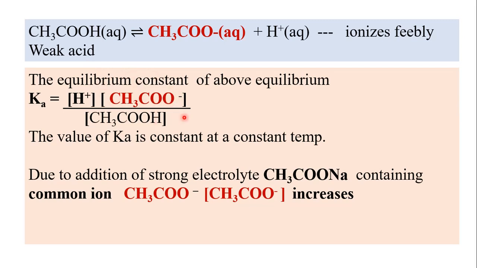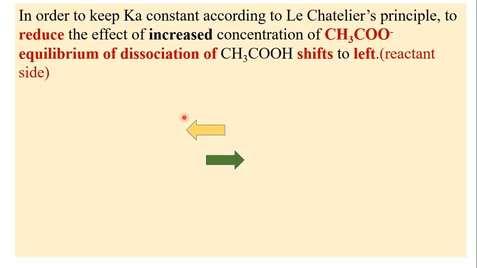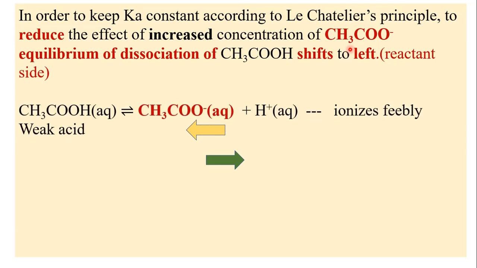And in order to keep the Ka value constant, according to Le Chatelier's principle, to reduce the effect of increased concentration of acetate ion, equilibrium of dissociation of acetic acid shifts to left hand side like this.